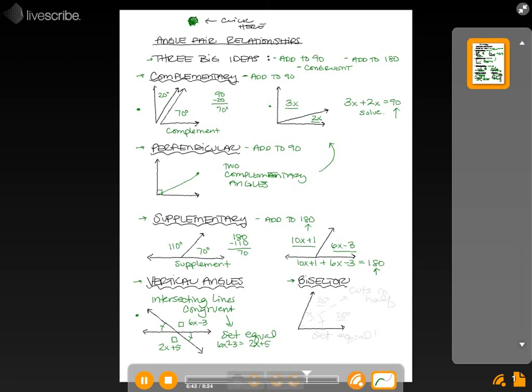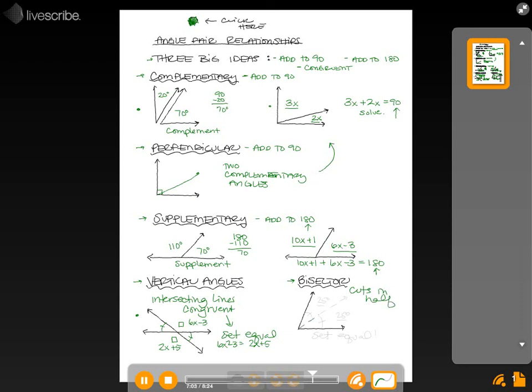Angle bisector is different than vertical angles. Your angles, or your line segments, your rays, whatever you're talking about, in your picture are not going to intersect to make that X shape. You will start with an angle, and a bisector means it cuts the angle in half.